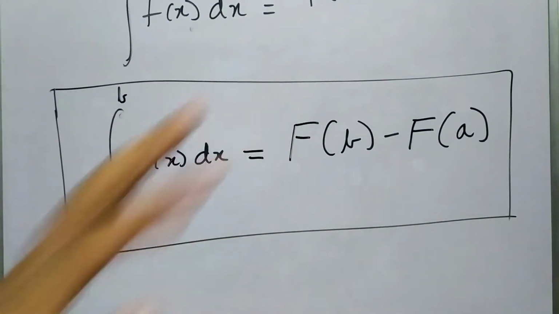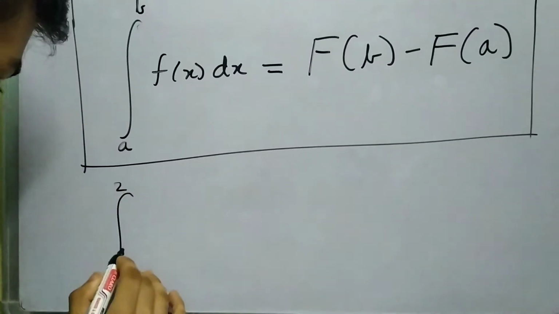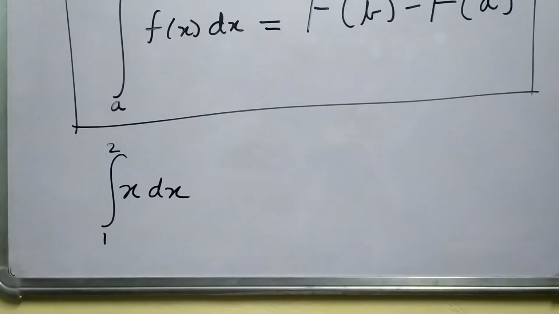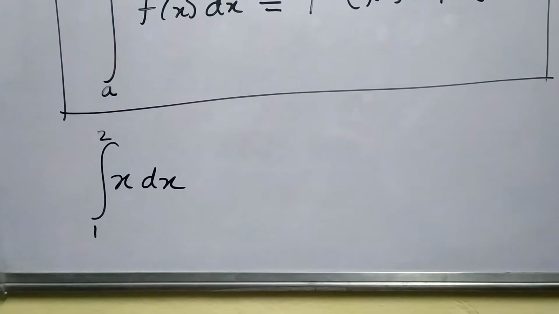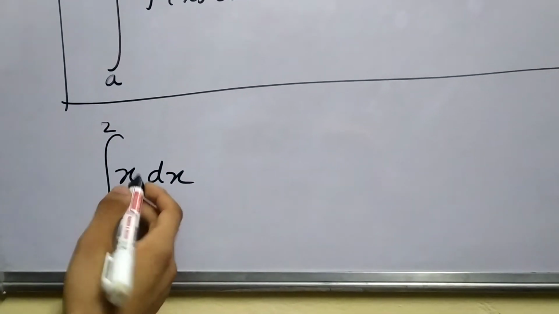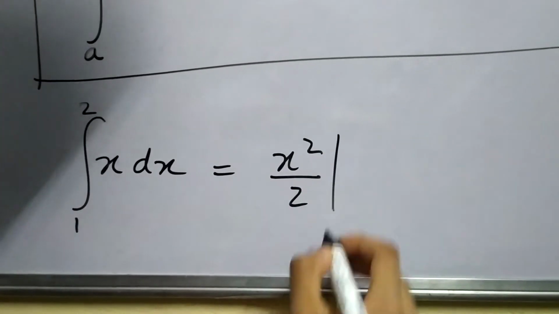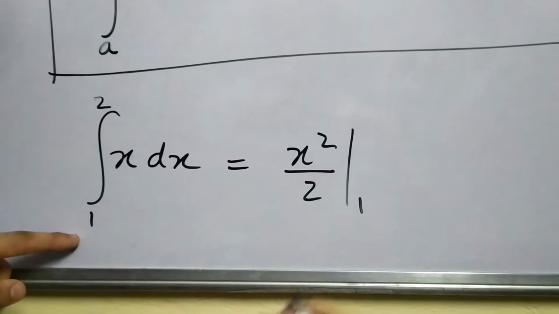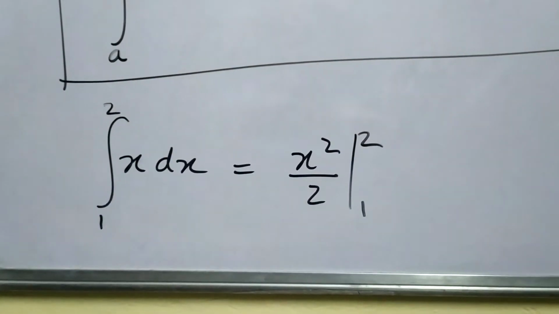Now let me give you a quick example. If I ask you to integrate x dx between the limits 1 to 2, the integral of x to the power of n dx is x to the n plus 1 divided by n plus 1. In this case n is equal to 1, so we get x squared by 2, and we integrate it from the limits 1 to 2.